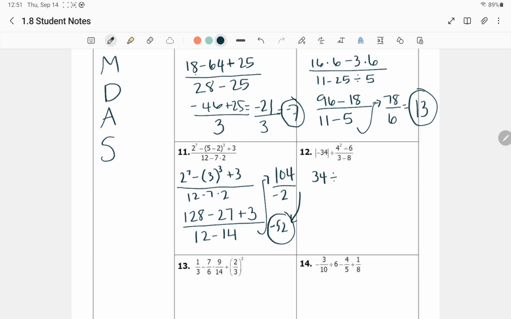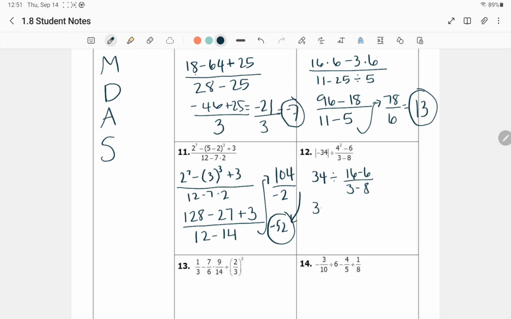And then my exponents are next, which is 4 times 4 is 16 divided by 16 minus 6 over 3 minus 8. And because we need to divide this, I need to rewrite this as it should be so that I can do this division problem.